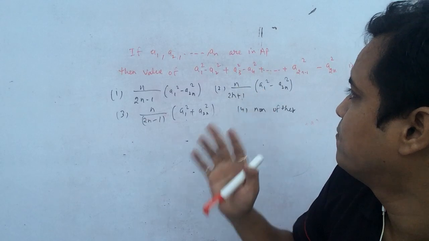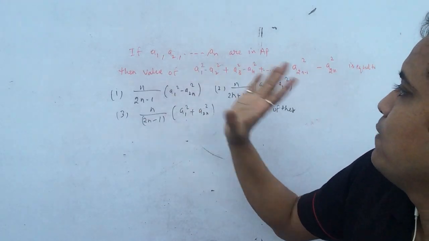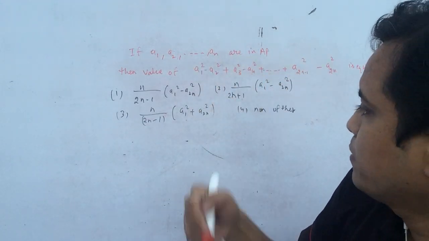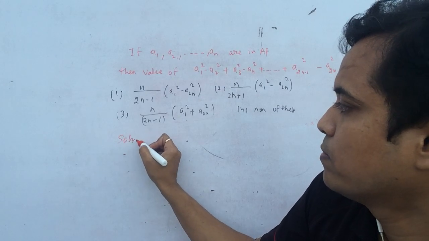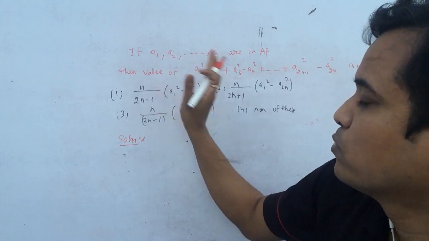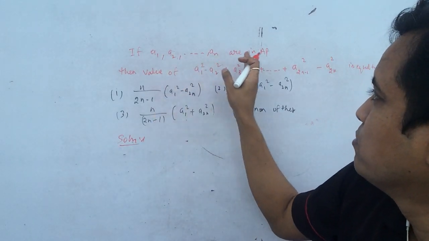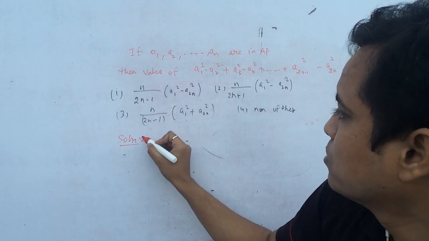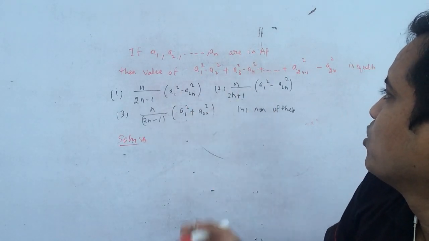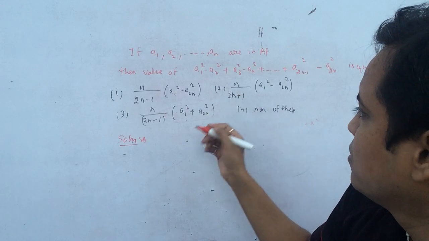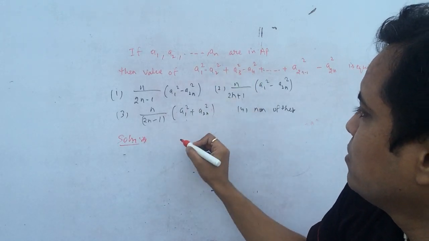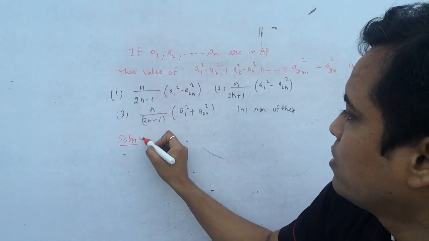So here we have A1, A2 up to AN are in AP. Solution. The common difference would be the same.